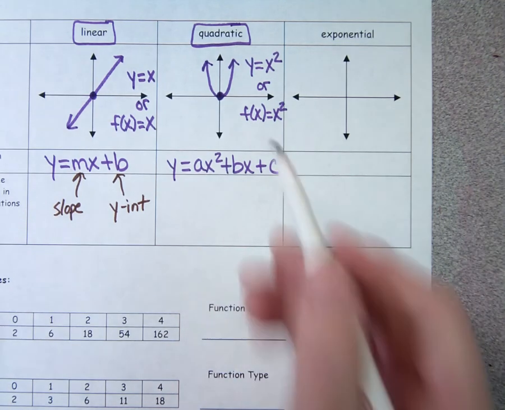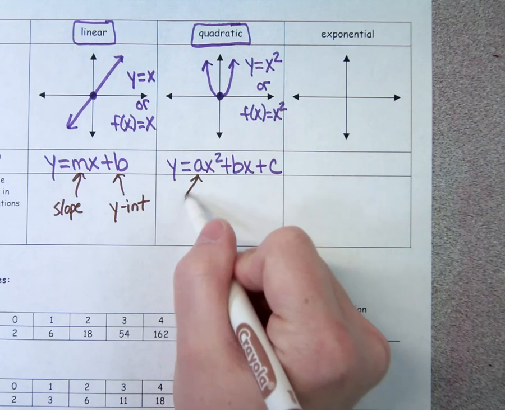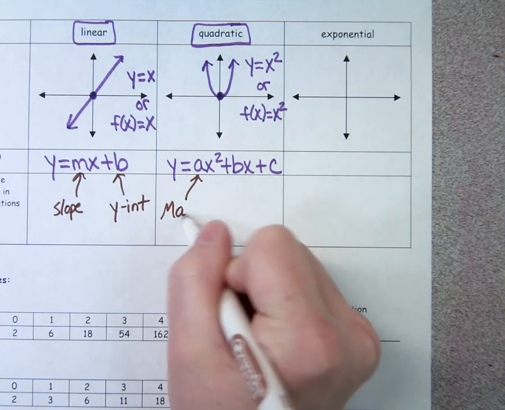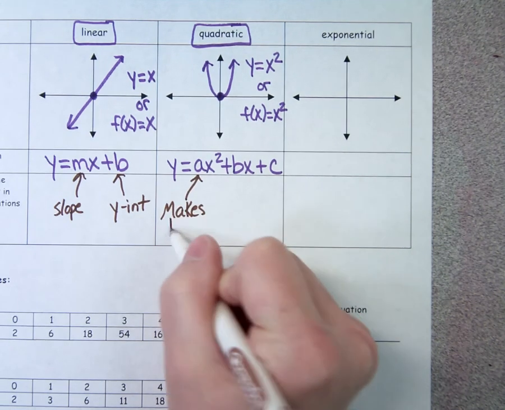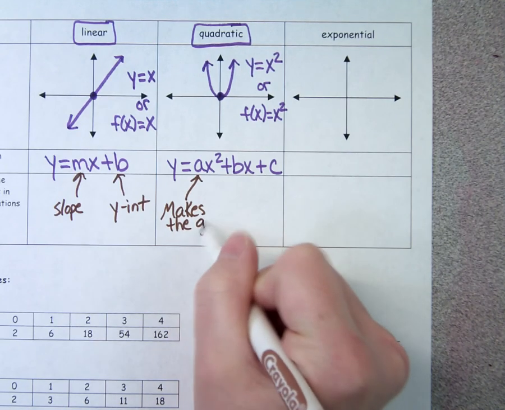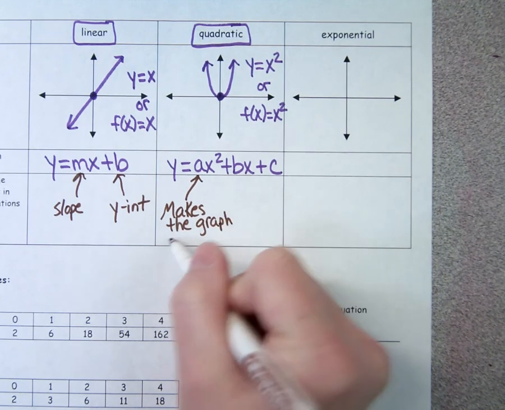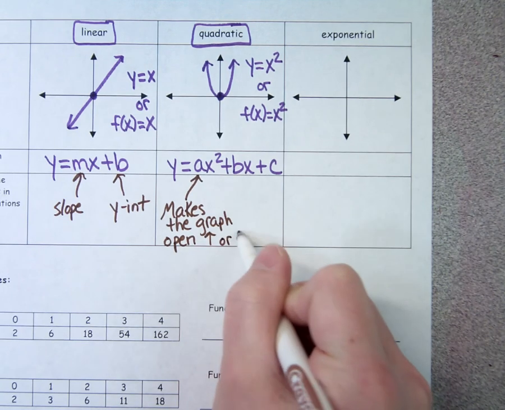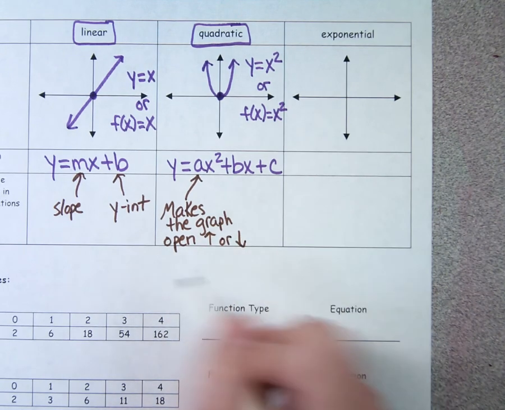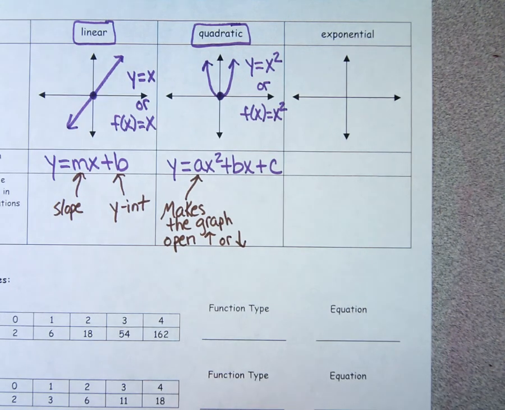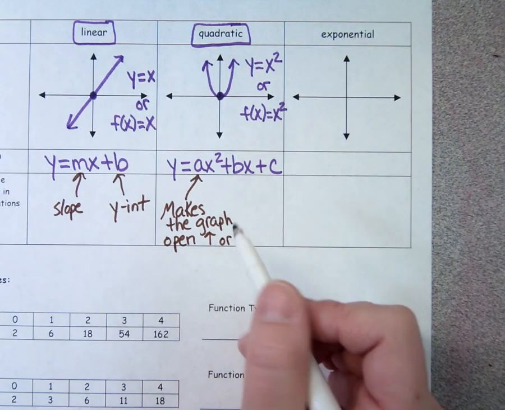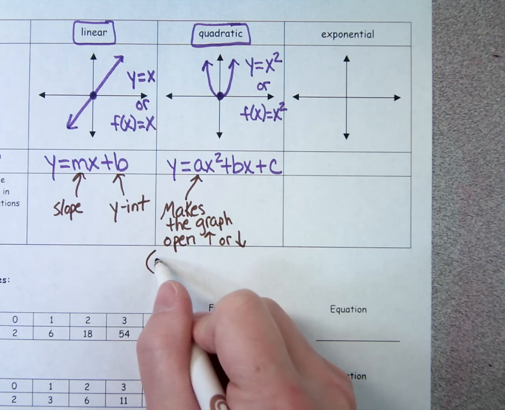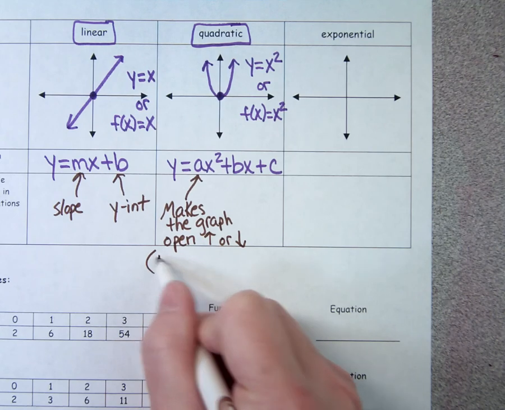I'm only going to talk about two of these letters. A. This makes the graph open up or down. So A makes the graph open up or down. A also affects the width of the graph.